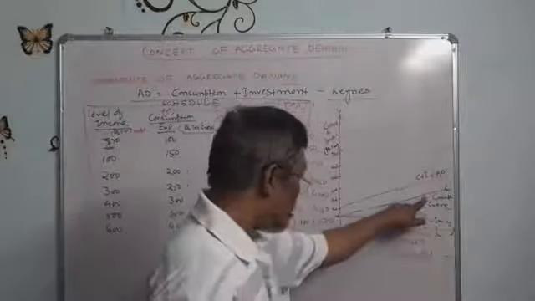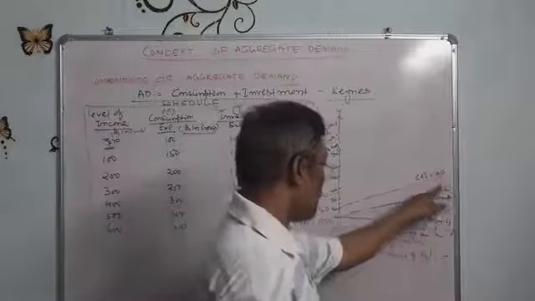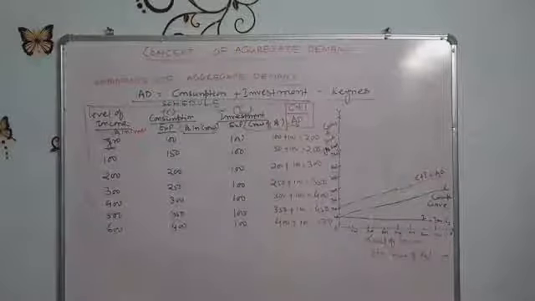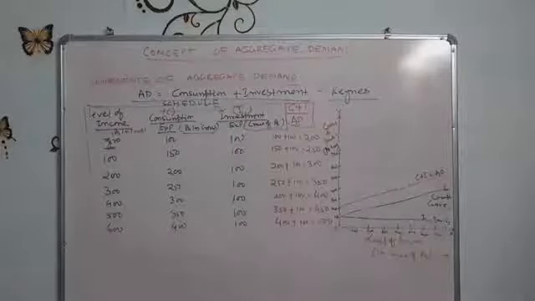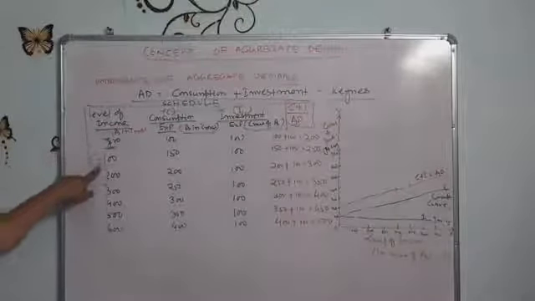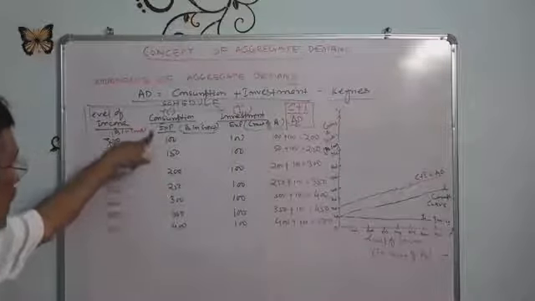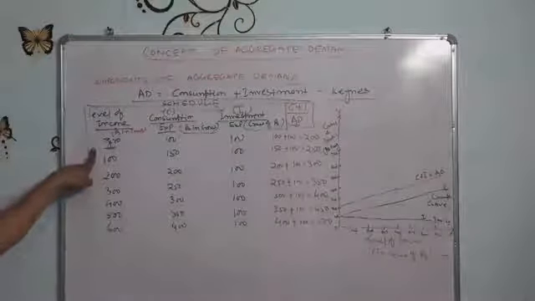C is the consumption curve, I is the investment curve, C plus I is AD. This is the red color, which is the aggregate demand curve. This table shows that consumption expenditure increases with every rise in the level of income. Income increases, consumption increases.